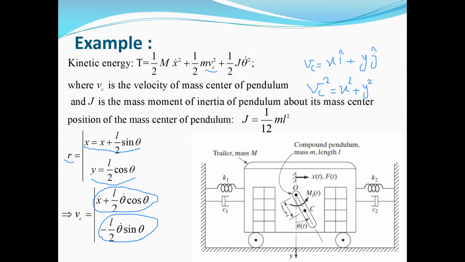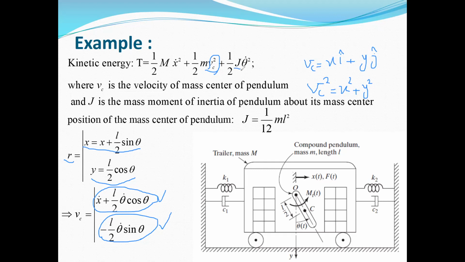This is from the vector algebra, you know it. So VC squared, which is the amplitude of the velocity of the mass center for this pendulum squared, is equal to its horizontal component squared plus its vertical component squared, and horizontal component is this term and the vertical component is this term, so we can substitute here.